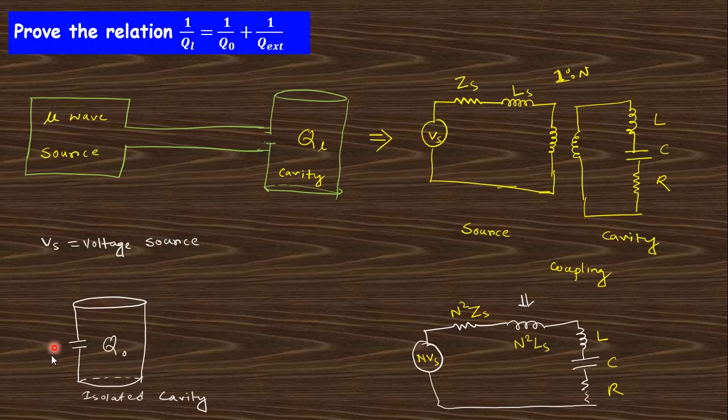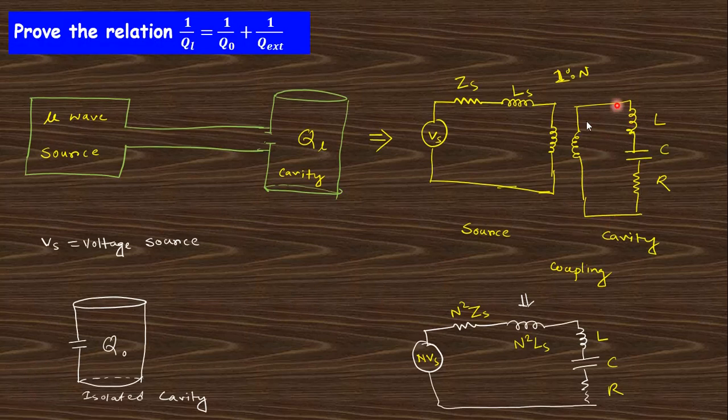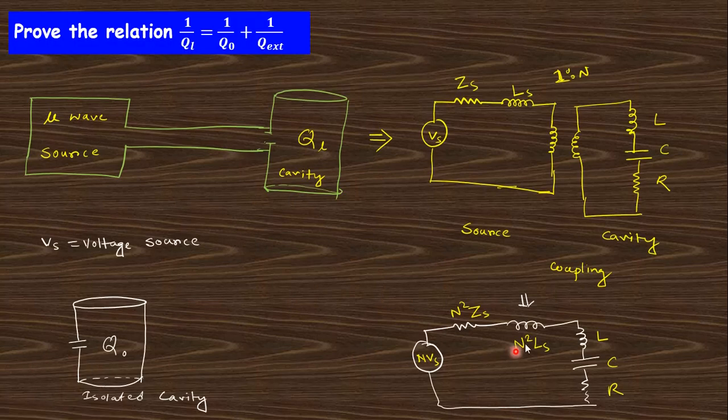So for Q0 it is omega 0 L by R. For Q0 there is only this portion, there is no external source portion. For QL, when it is connected, you need to take this region as well.